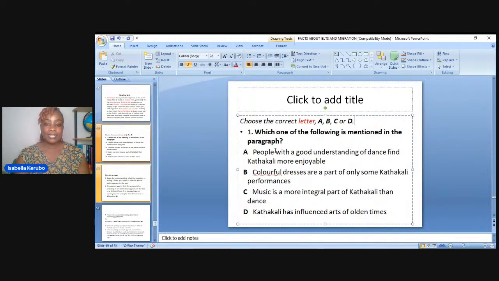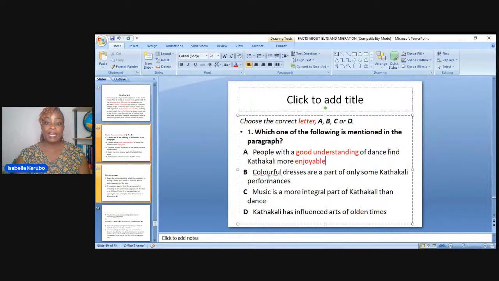Again, like I said, as you read through the options, also note the keywords. People with a good understanding, okay? Good understanding. So we want to check if we read anything like that in the text of the dance, find Kathakali more enjoyable. Also here, the key word is enjoyable. So we are going to check if there is anything like that mentioned in the text.